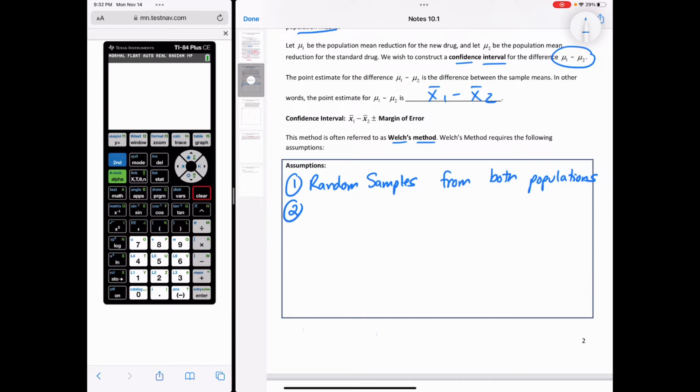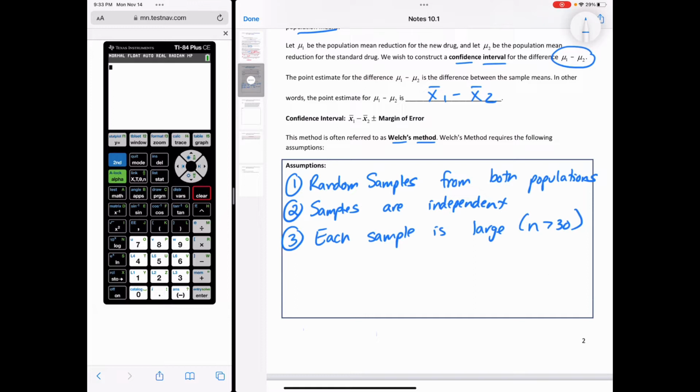The second one, this is a new one: the two samples have to be independent. That means what happens in one has no impact on the other. And the third one is our normal condition. We would want each sample to be large, greater than 30 for CLT, same as before.